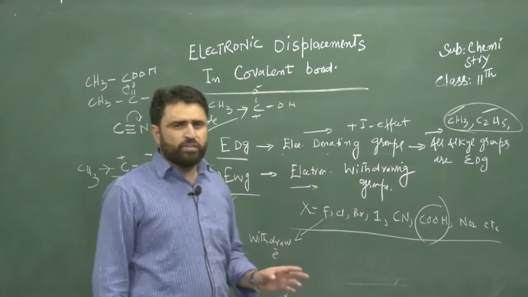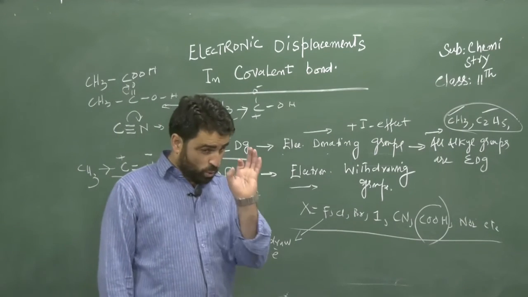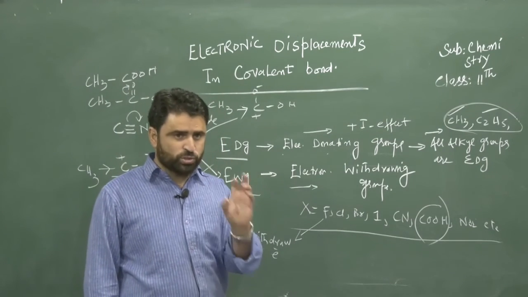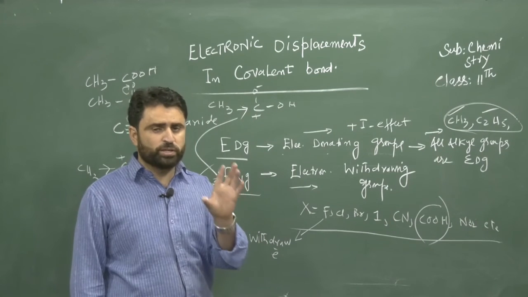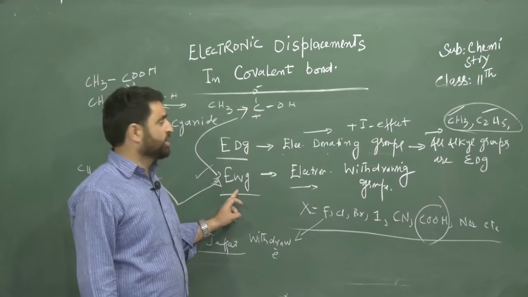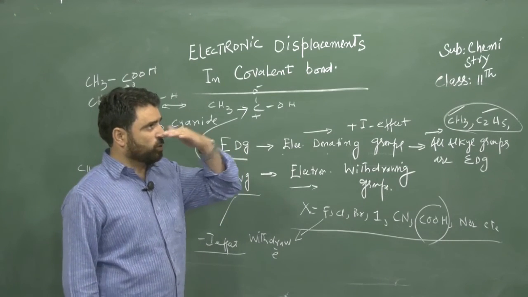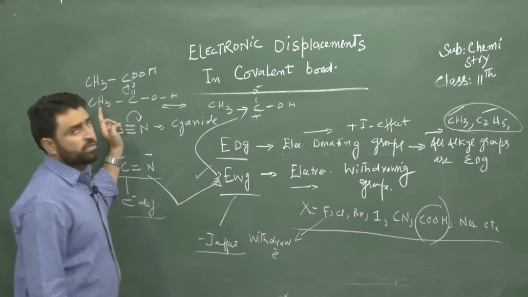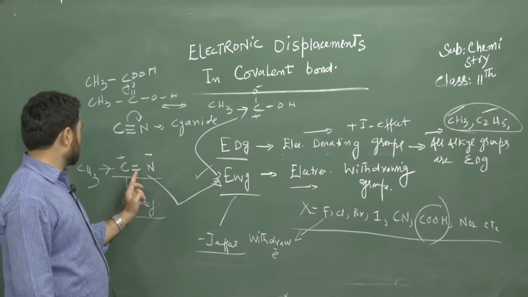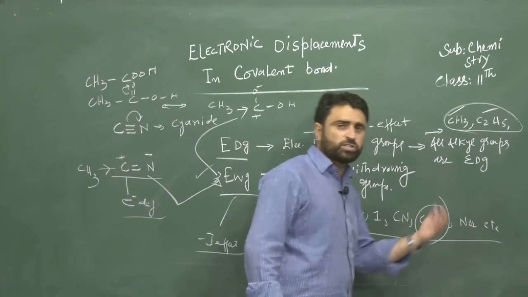When you have to recognize whether a group has a plus I effect or minus I effect, you have to build a concept regarding what is EDG and what is EWG. When alkyl groups are attached, it is plus I, and otherwise minus I, because you have to draw the structure at that time.